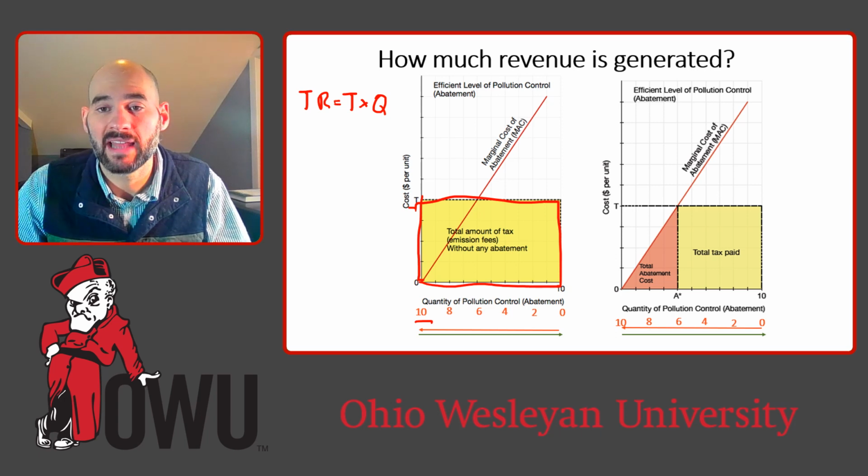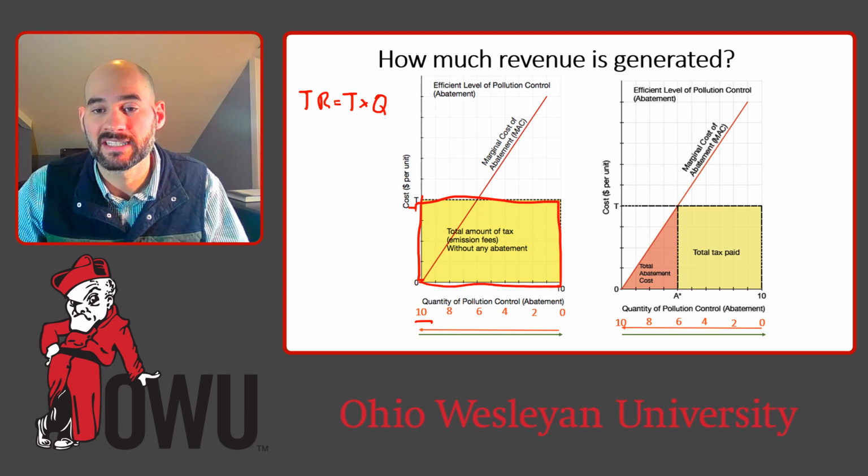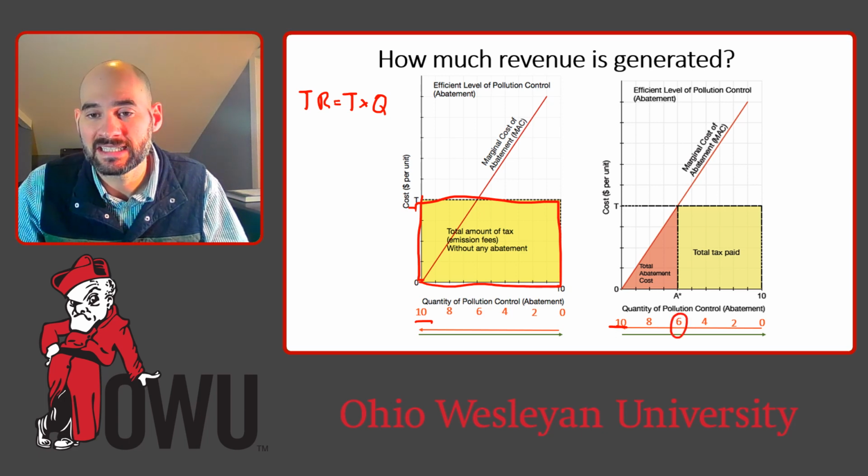When we allow firms to abate, when we allow them to reduce their pollution, then the total quantity of units which they choose to pollute is not going to be that full 10. We can see here that the total amount of pollution that they would produce would be 6.